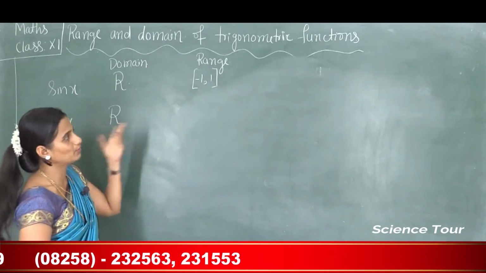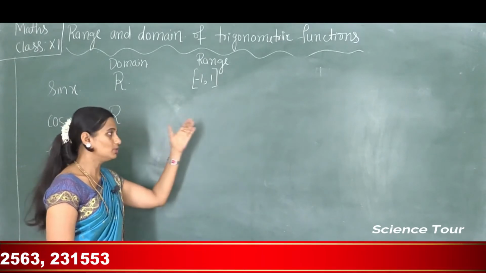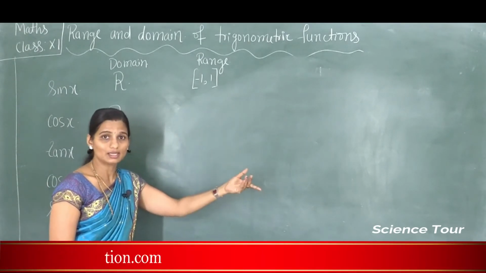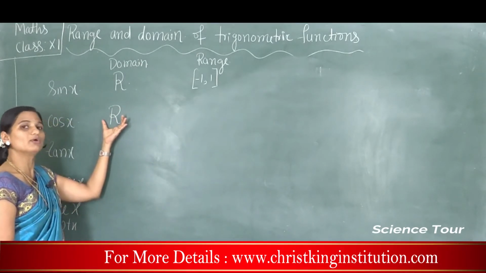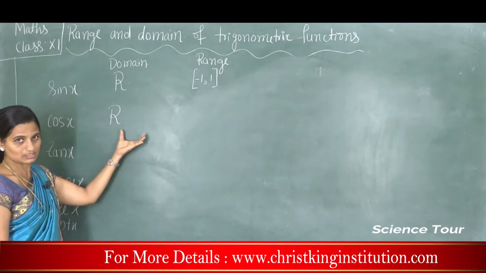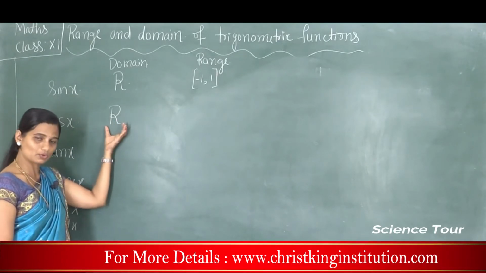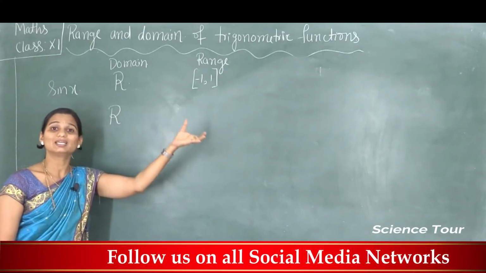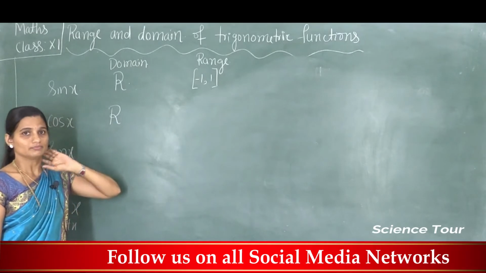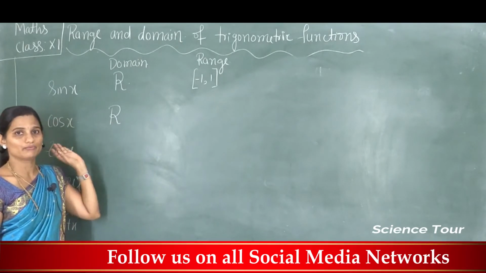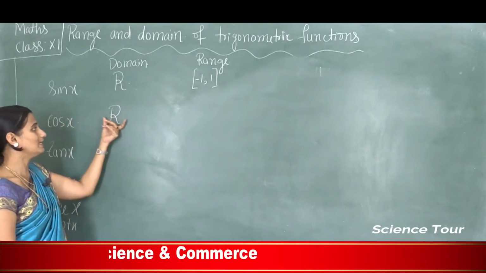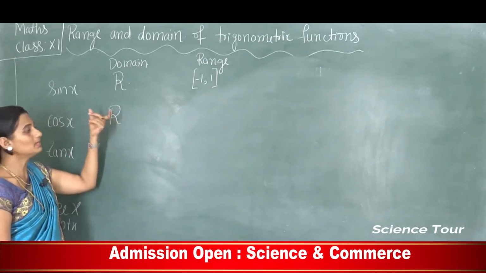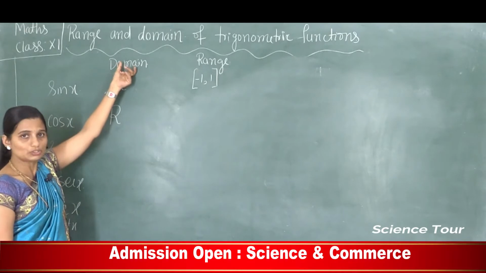You can check for any angle, we never get infinity as the answer. We get values other than infinity. So we can define the cos function on the set of all real numbers. That is called the domain.